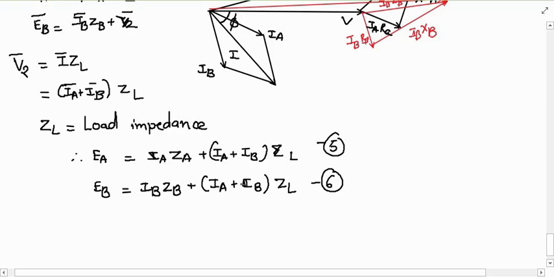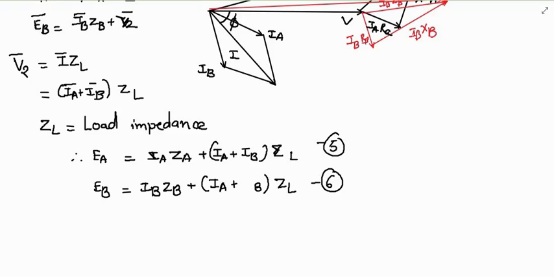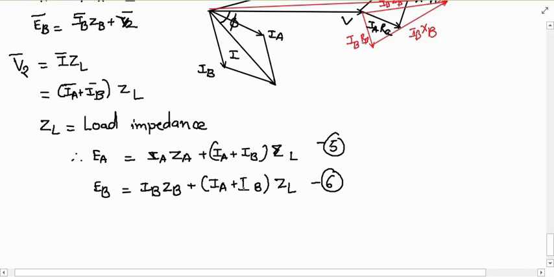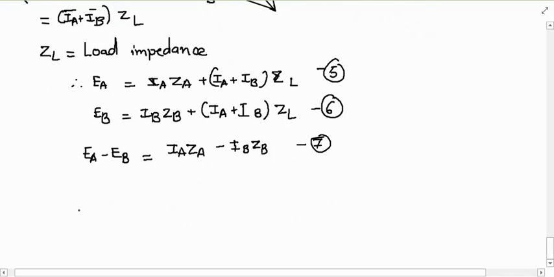Just a minute, students. I will write down this properly. Okay, so now, if I subtract equation 6 from 5, then what will I get? EA minus EB on the left hand side, and on this side I will get IAZA minus IBZB. These two terms will get cancelled. This is your equation number 7. From this I can find out IA.